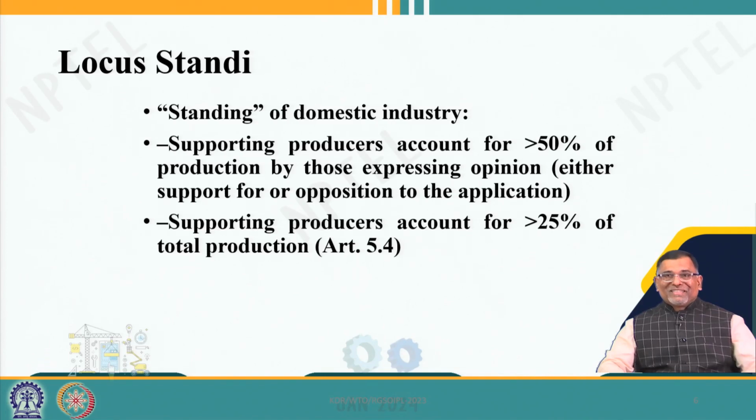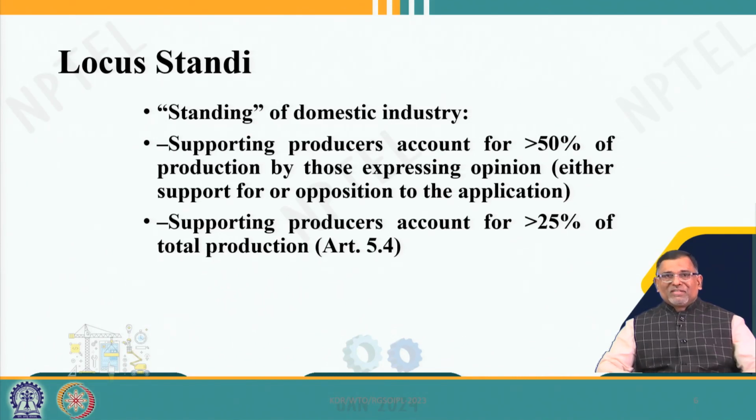Here it is not only the domestic industry; the percentage of support required for submitting a successful application is also provided in Article 5(4) of the anti-dumping agreement. The provision says supporting producers account for more than 50% of the total production, or the second criterion is that the supporting producers account for more than 25% of the total production as well.